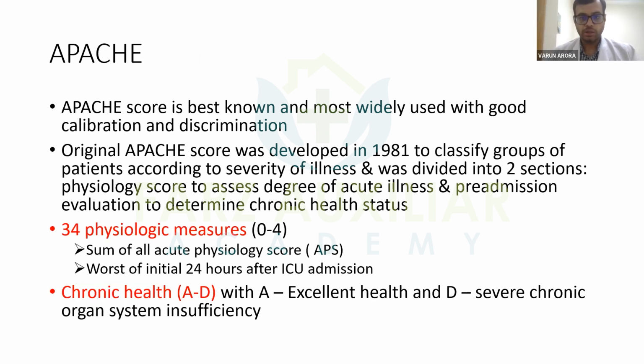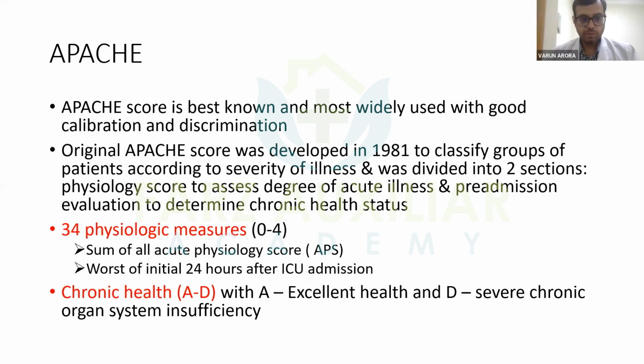The original APACHE, that is APACHE 1, was developed in 1981 to classify groups of patients according to the severity of illness, and it was divided into two sections. The first one is the physiology score to assess the degree of acute illness, and pre-admission evaluation to determine the chronic health status. So first is the physiological score, which measures 34 physiological measures and are scored from 0 to 4.